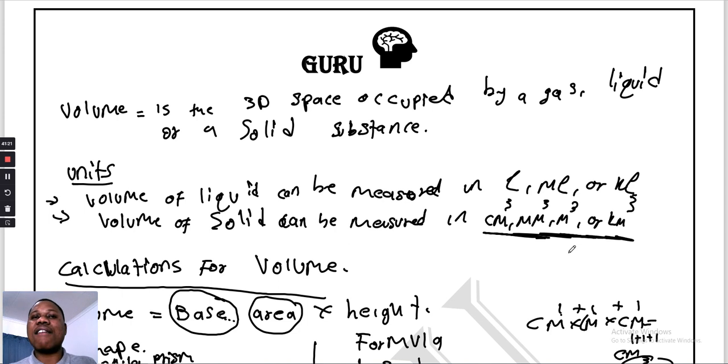You can never have a relationship between a distance and a volume. You can only have the volume of a solid and the volume of a liquid, in that order.